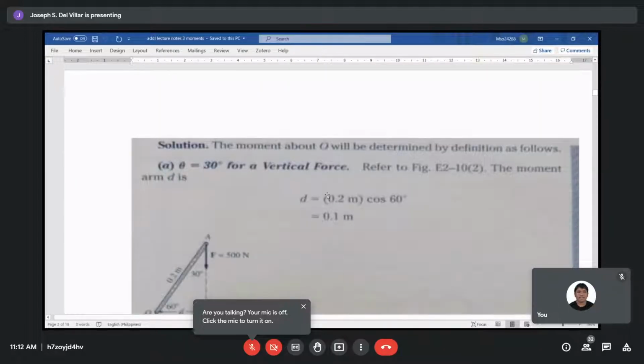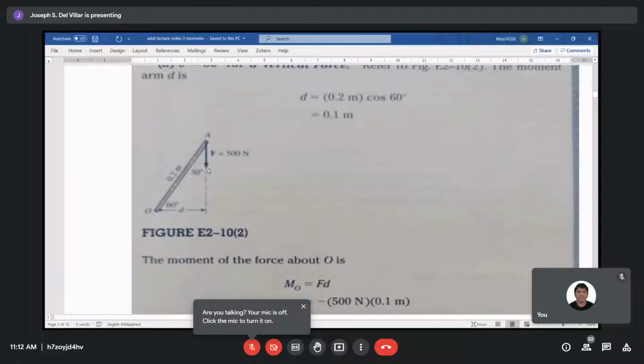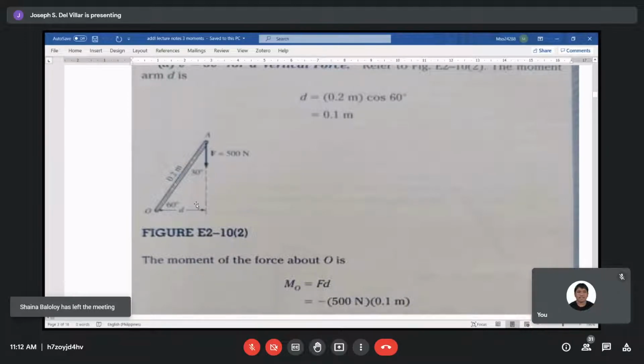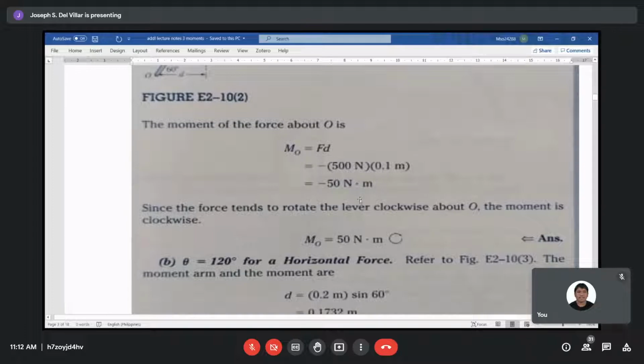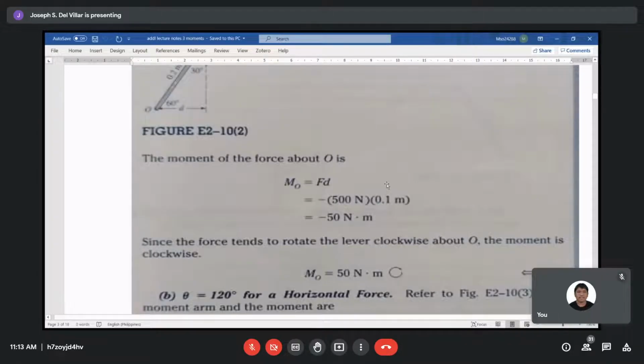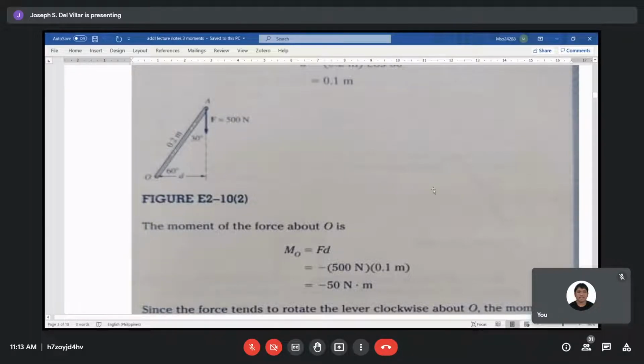Okay, so that is correct, no? So this is vertically downward, 500 times this distance. Kasi ito yung naka-perpendicular. Okay? So that distance is 0.1. So 0.1 times 500 will give you 50 Newton meter. Okay? So 50 Newton meter. Negative because it is clockwise.